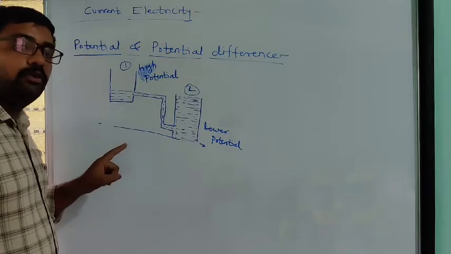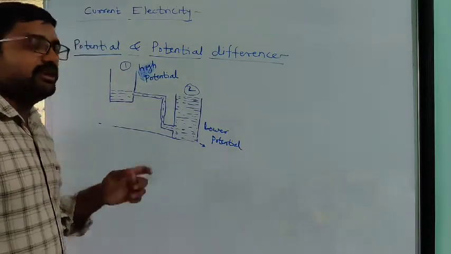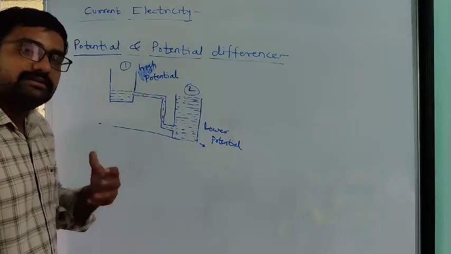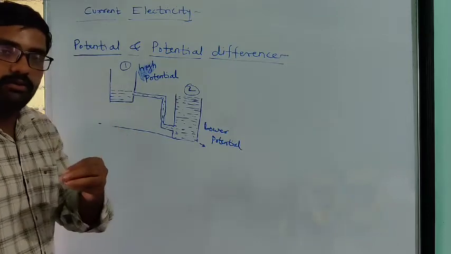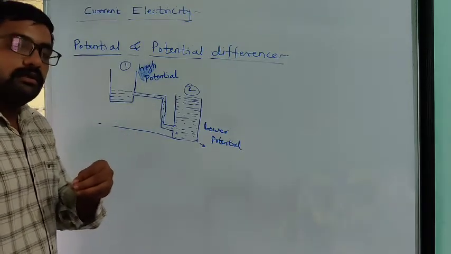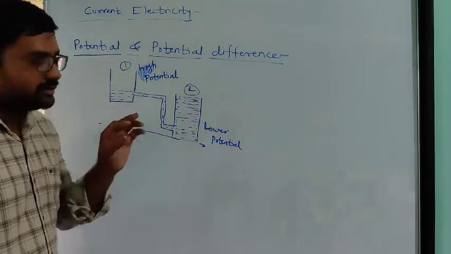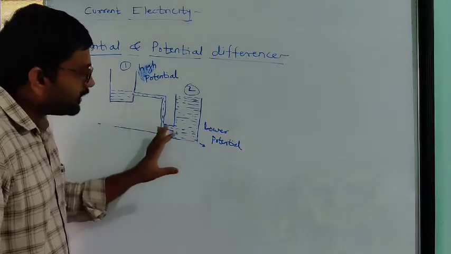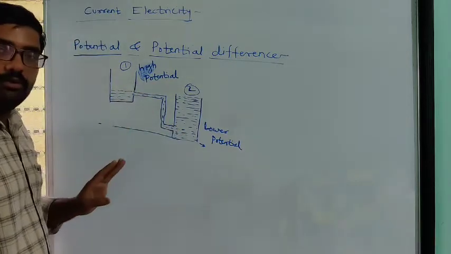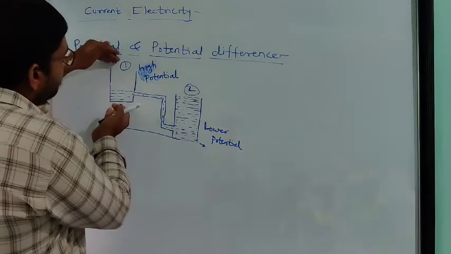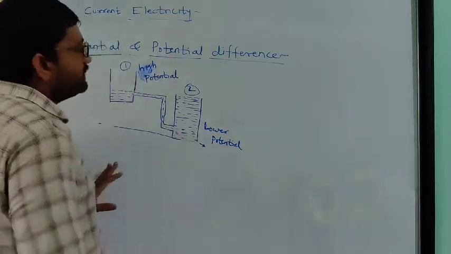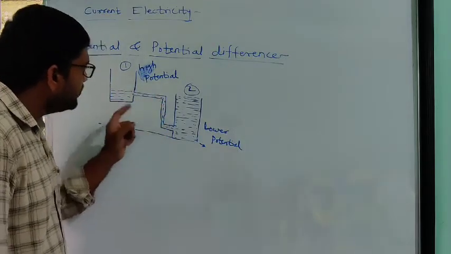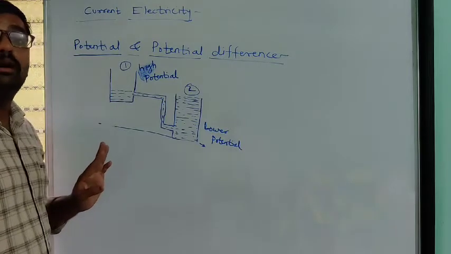I told this concept by using potential energy, though actually this concept is not described using potential energy, but I told you for much faster understanding. So here water transmission takes place from higher potential to lower potential.